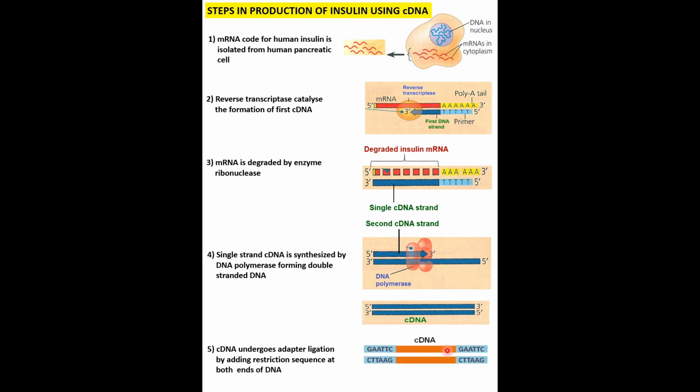Next, what happened to this cDNA? This cDNA will undergo adapter ligation by adding restriction sequence at both ends of DNA. As you can see, these are restriction sequence. Okay, next, plasmid also is isolated from E. coli.